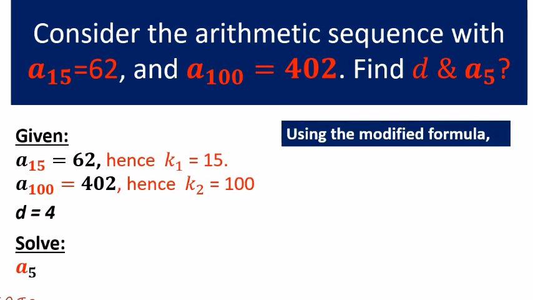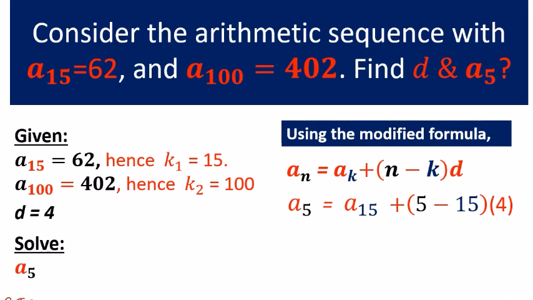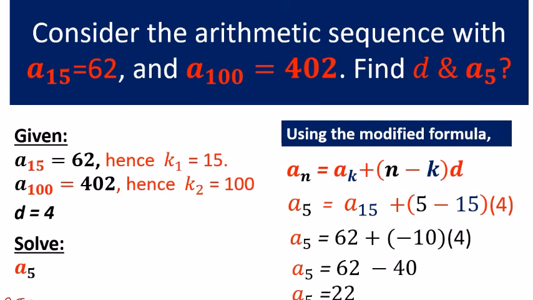Using the modified formula where a sub n is a sub 5, or the missing term, and a sub k is a sub 15, then we have 5 minus 15 times 4 as the number of these that we need to add or subtract to a sub 15 to get a sub 5. Continuing with the calculation, we will get a sub 5 equals 22.